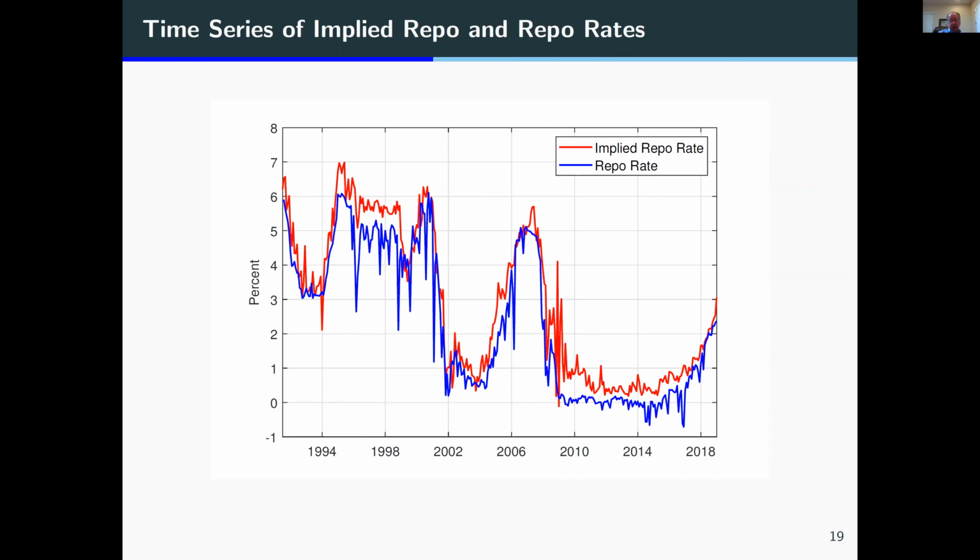Just eyeballing this, you'll see that the blue line is almost always below the red line, although it trades through. It's real data, so there's noise in there, bouncing up and down. But you can see that there are some big downward spikes in the repo rate, and a lot of that happens around the Treasury buybacks of the early 2000s.